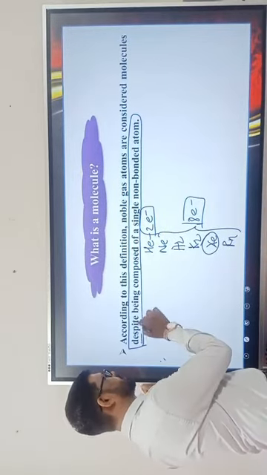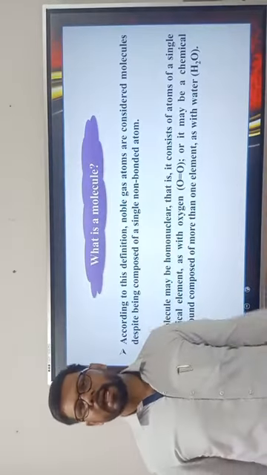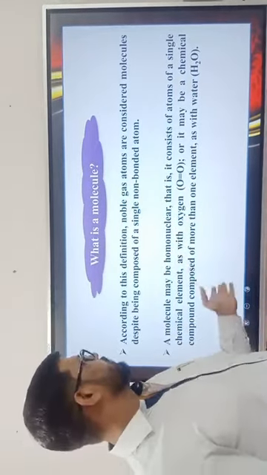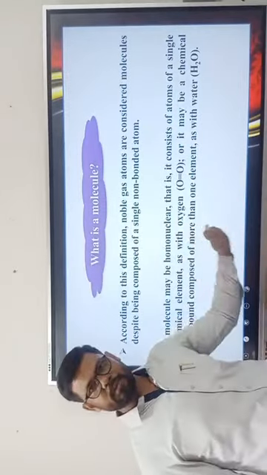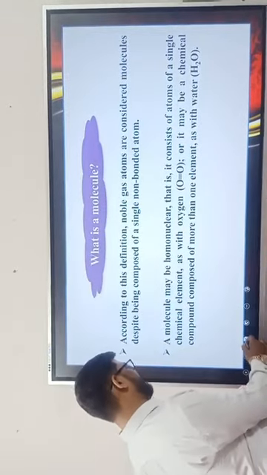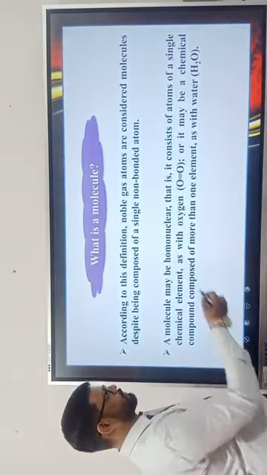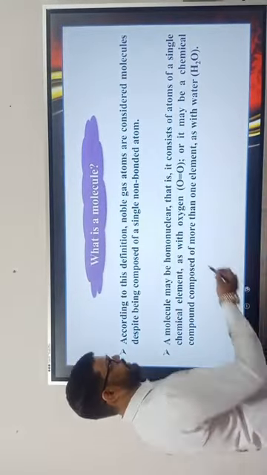Okay, let me erase everything. The molecule may be homonuclear or heteronuclear. Means what? The molecule may contain atoms of the same element or different elements. For example, I have already explained this in the same slide.